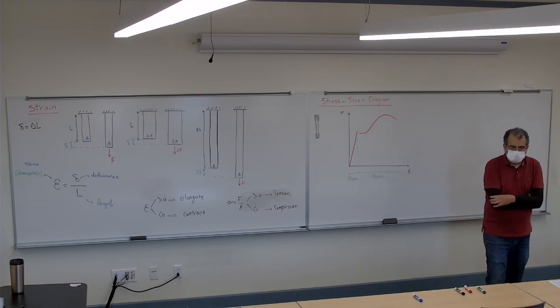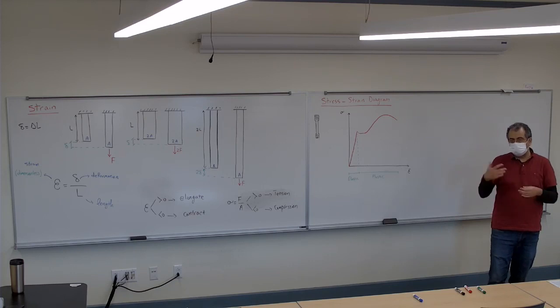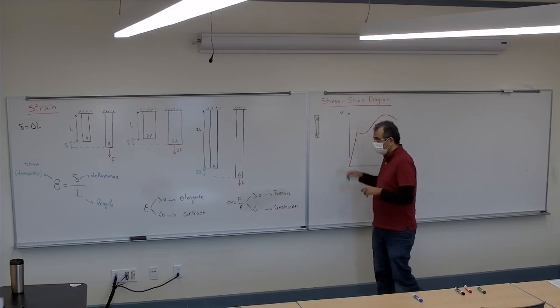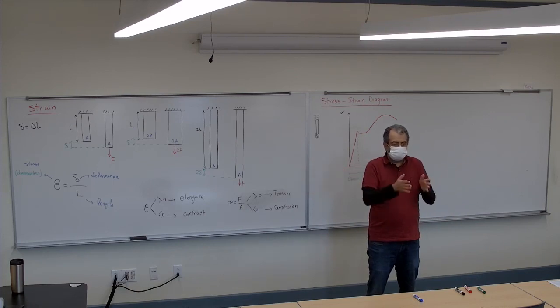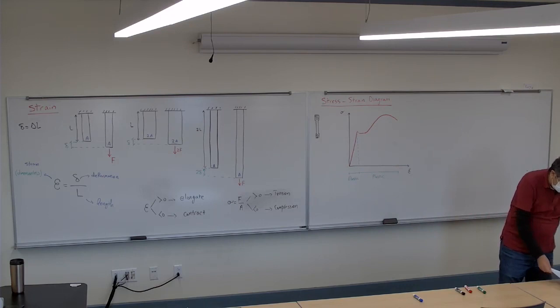In the elastic section, if you remove the force, the deformation is eliminated, like a stretch band: you stretch it and let it go, and it goes back to where it was. In the plastic part, if you stretch it, the deformation stays there. If you remove the force, it doesn't go back. It's a permanent deformation in the material.